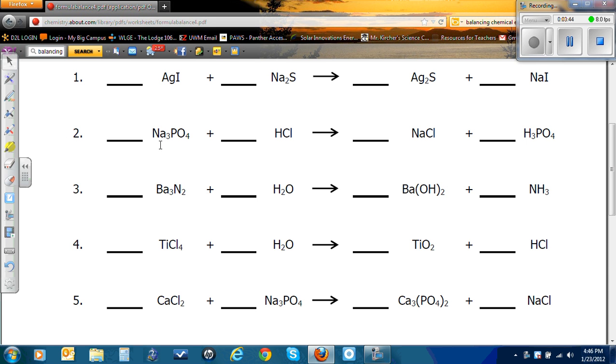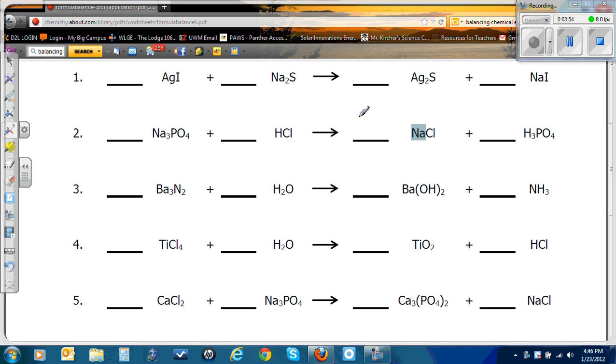I look at, I have 3 parts sodium. On this side, I have 1 part sodium, so I need a 3 on the product side. Then, as I've been stating in class, I look at this PO4, which is phosphate.